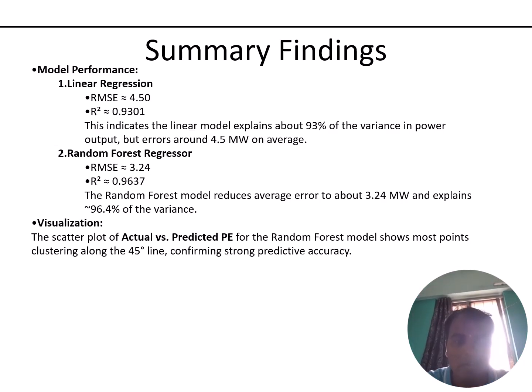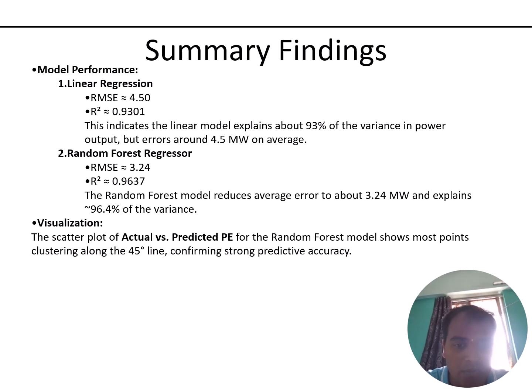So to further add to the summary, the model performance comparison is that the linear regression model has a root mean squared error of 4.5 and R square value of 0.9301. This indicates the linear model explains about 93% of the variance in the power output, but errors around 4.5 megawatt on average. Whereas when we pursued this problem statement using random forest regressor, we found that the root mean squared error reduced to 3.24, and the R square value increased to 0.9637.